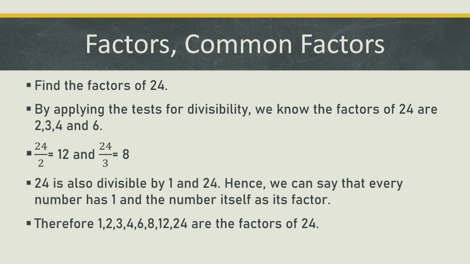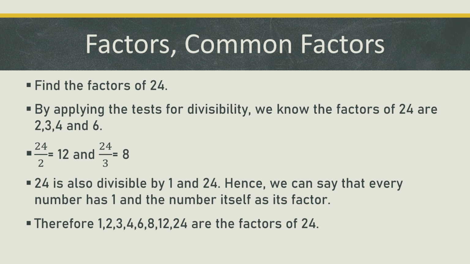Again, there is an example. Find the factors of 24. Now, by applying the tests of divisibility of your previous chapter, we know the factors of 24 are 2, 3, 4 and 6. Yes, we have learned the tests of divisibility of 2, 3, 4 and 6 in your previous chapter. So when you get such big numbers, you first need to check by the tests of divisibility, using the tips and tricks given there, whether that number is divisible by the given number.